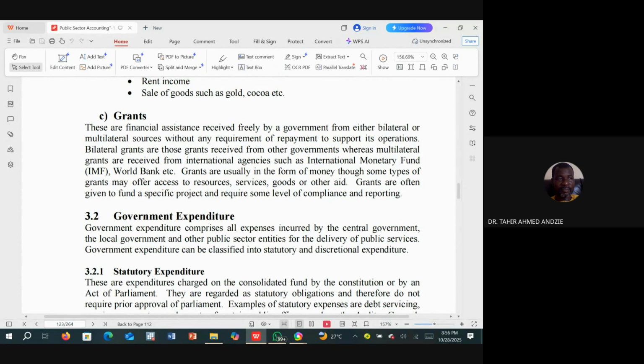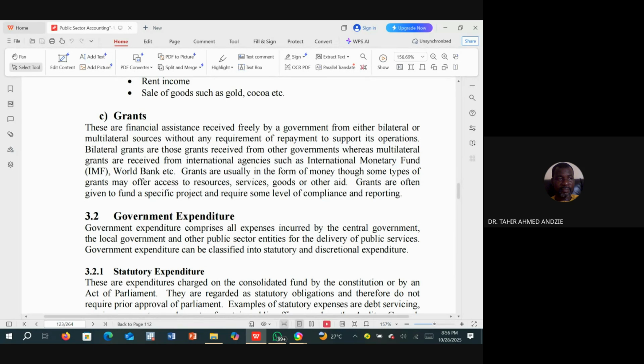That is a bilateral arrangement. Multilateral is where the IMF or the World Bank, or a lot of nations coming together, more than one country, give us grants. So grants coming from the World Bank and the International Monetary Fund are multilateral sources.